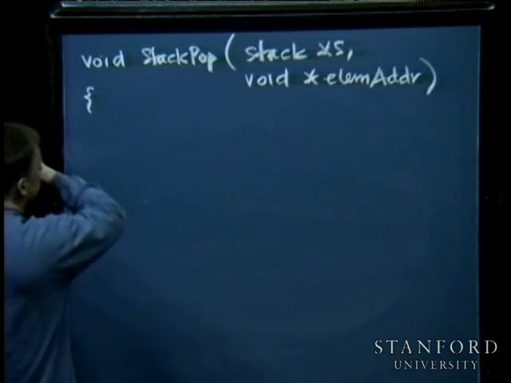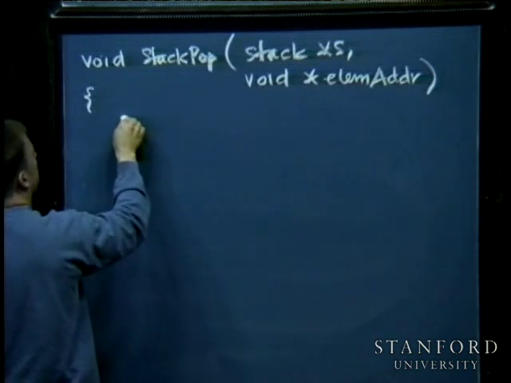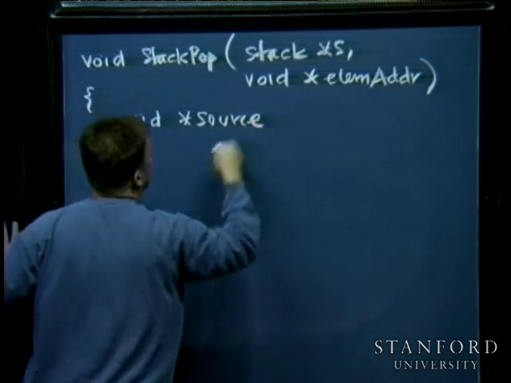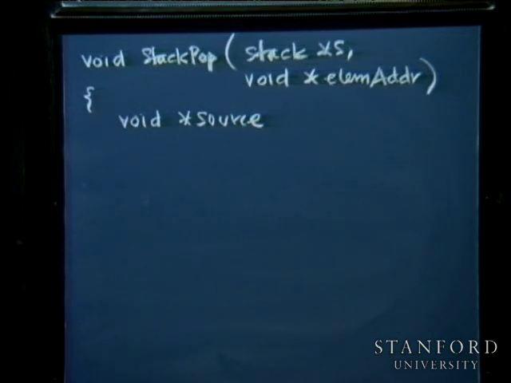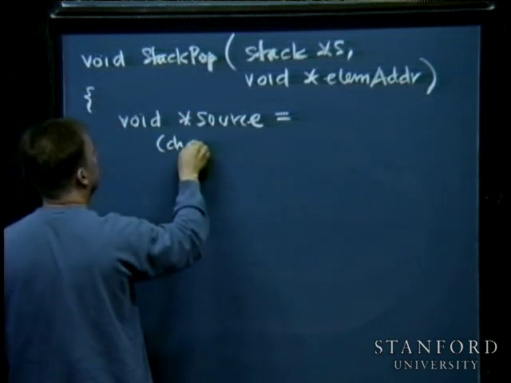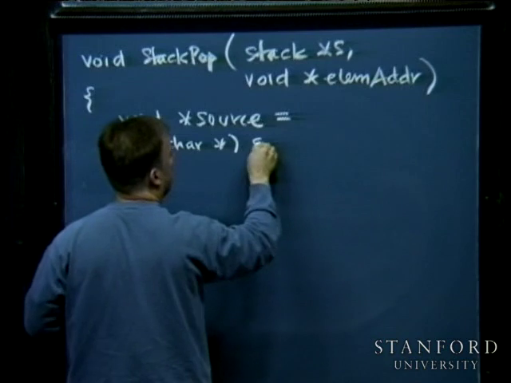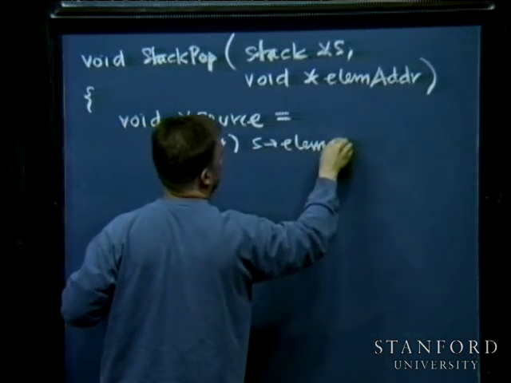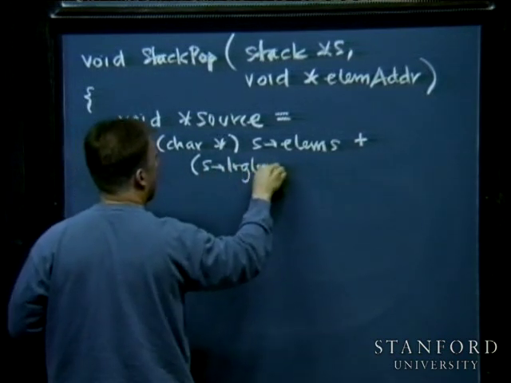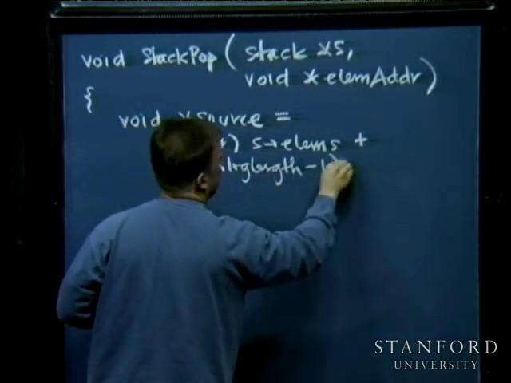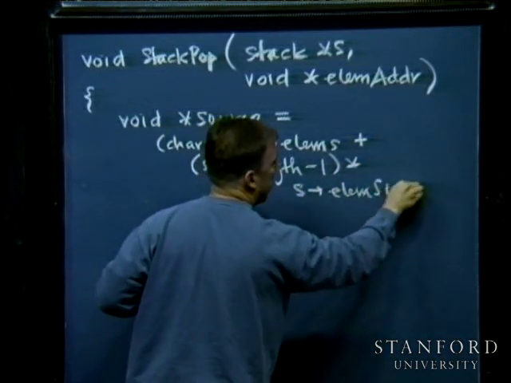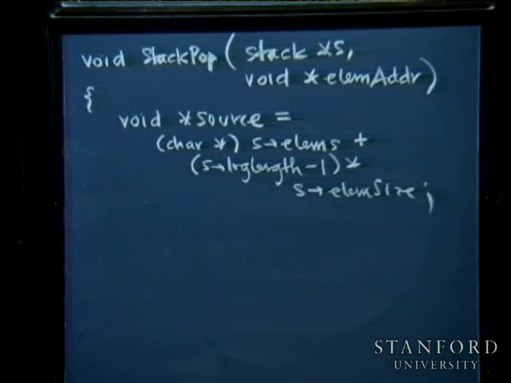So what I want to do is declare this void star, not called target, but called source. Actually, that's right. It is equal to char star of s->elems plus s->logLength minus 1 times s->elemSize. I forgot to do the minus beforehand, so I recovered by doing a -1 right there.